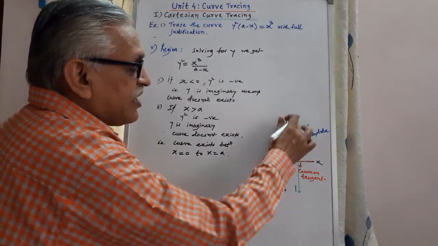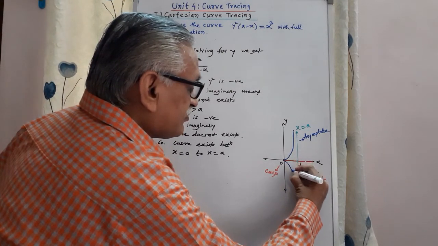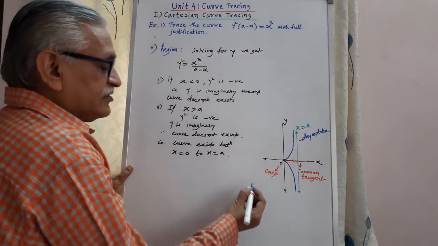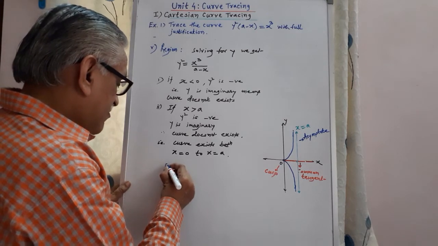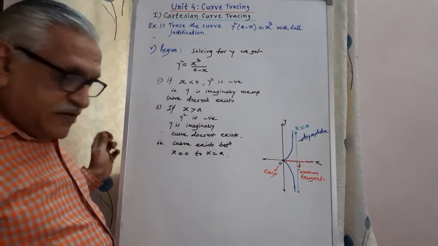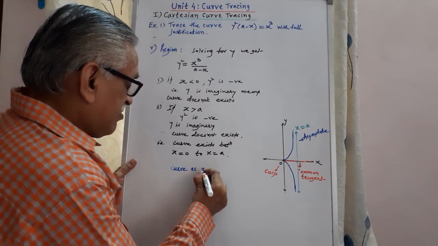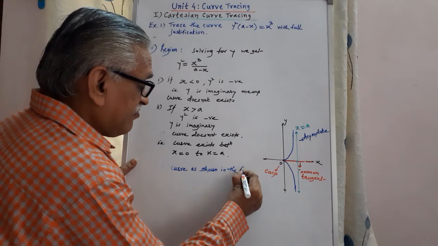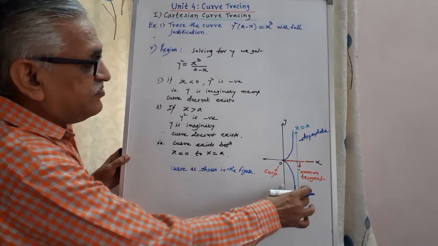Therefore, whatever the part I have drawn, I will draw a symmetrical part about x-axis, and therefore this is the curve as shown in the figure. This is called as the tracing of that curve.